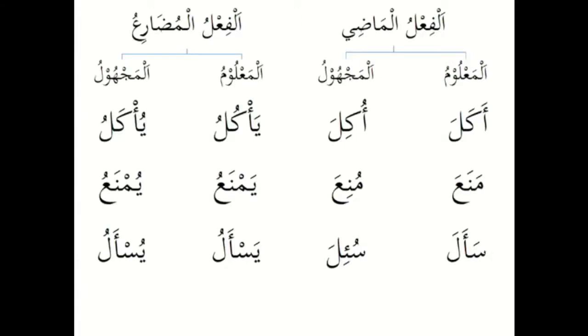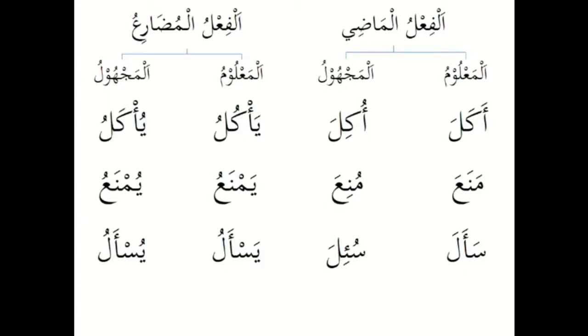Right. Okay. Moving on. We've learned two concepts thus far, right? And those two concepts are here on top. The first one is the distinction between a fi'al that is maldi and a fi'al that is mudari'. So any verb that you come across, or at least any normal verb, when I'm not speaking about an imperative, must either be maldi or mudari'.